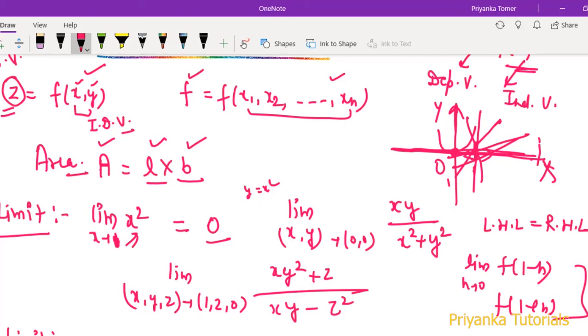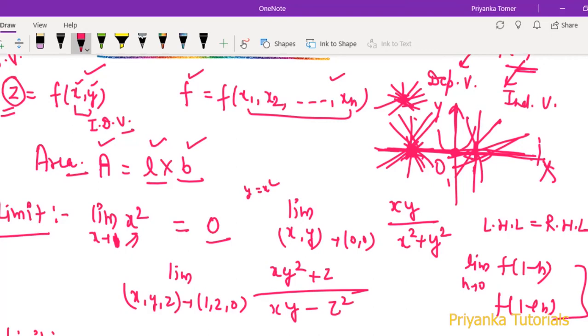When you are working in 1D, you have only a single way to go to this point, either this side or this side. But when you are working in more than one dimension, suppose in 2D, there are infinite ways or paths you can identify around one point. Suppose the point is here, and there are infinite lines you can draw, or paths you can identify, around this point.